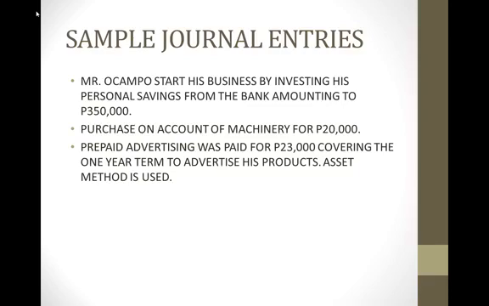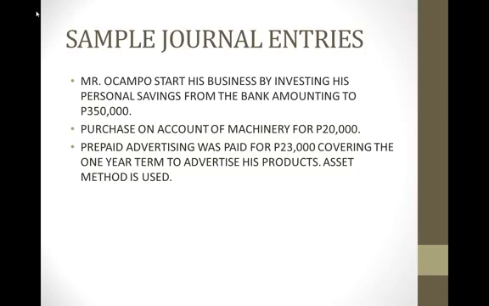Now, sa second bullet, purchase on account. Yun na po ang pinaka-root word mo po. On account. Meaning, you have to increase your liability, and then you have to increase asset. What type of asset? Machinery.